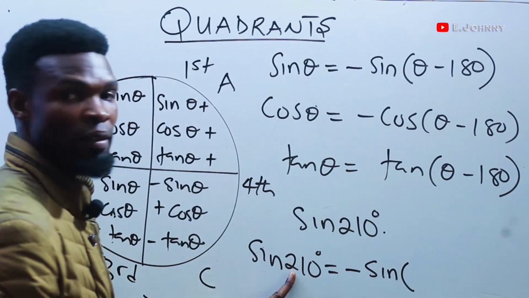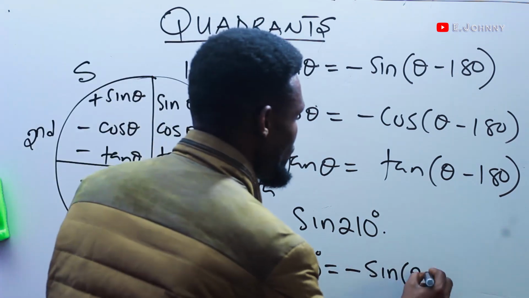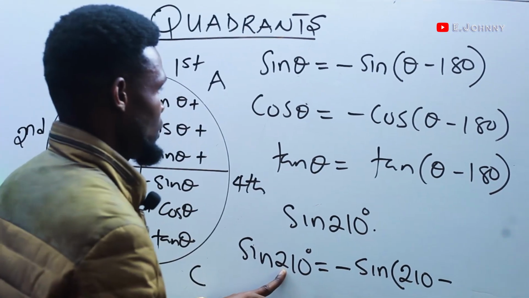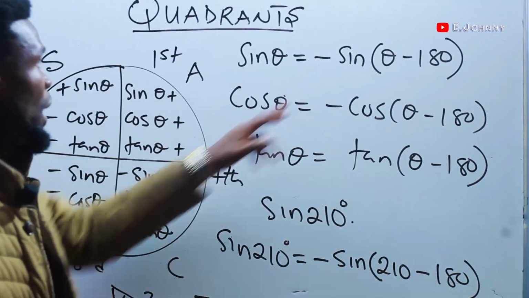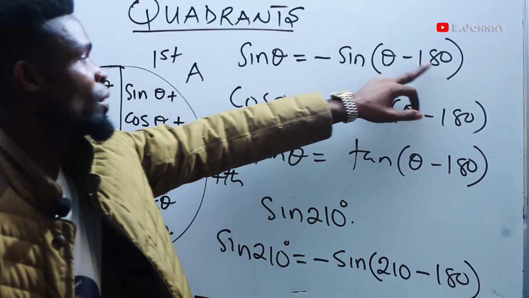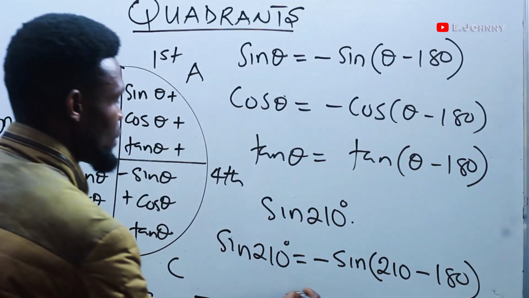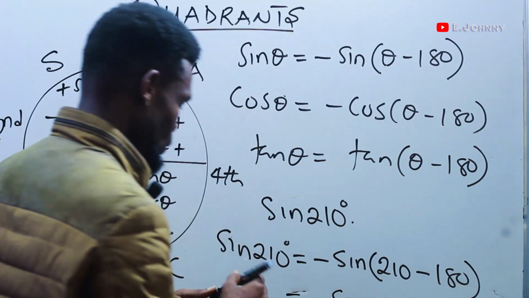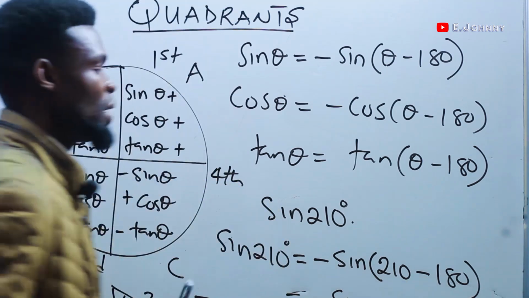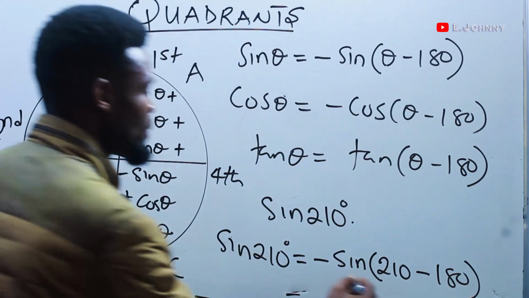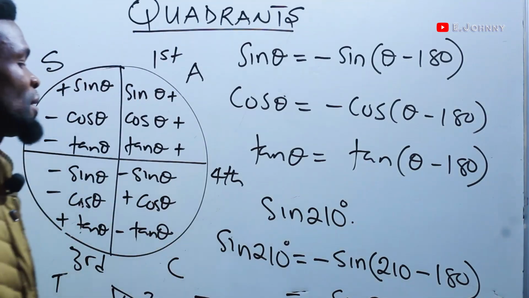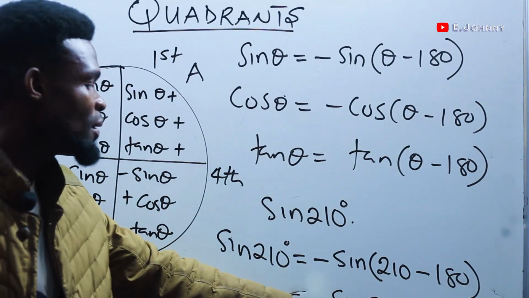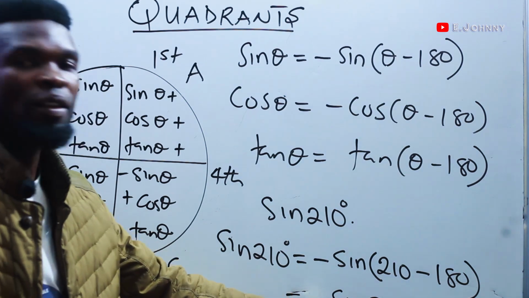Theta is 210 degrees. So I'll write 210 minus 180. So this is equal to minus sine of (210 minus 180), which is 30 degrees. Now, what is sine 30 degrees in the special angle?